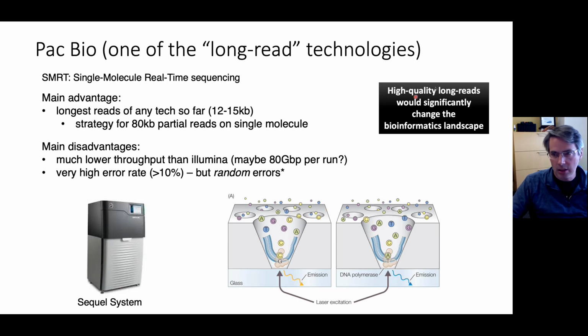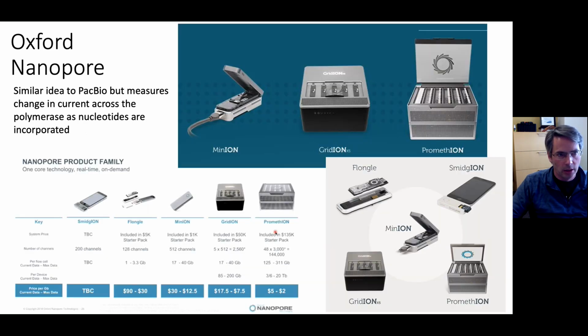The great thing about this, the structural variation, is that it's super useful for that. Same with Oxford Nanopore, a little bit different technology, but essentially the same idea. These are just going for longer reads.